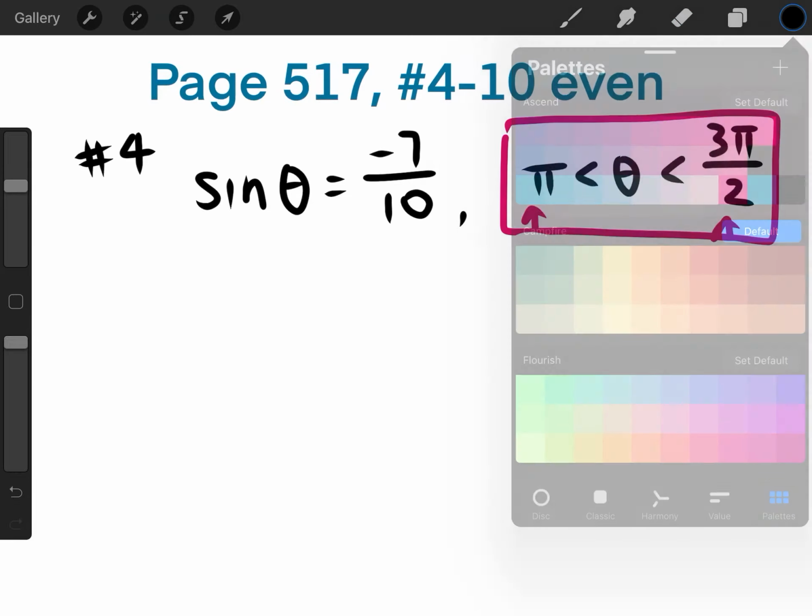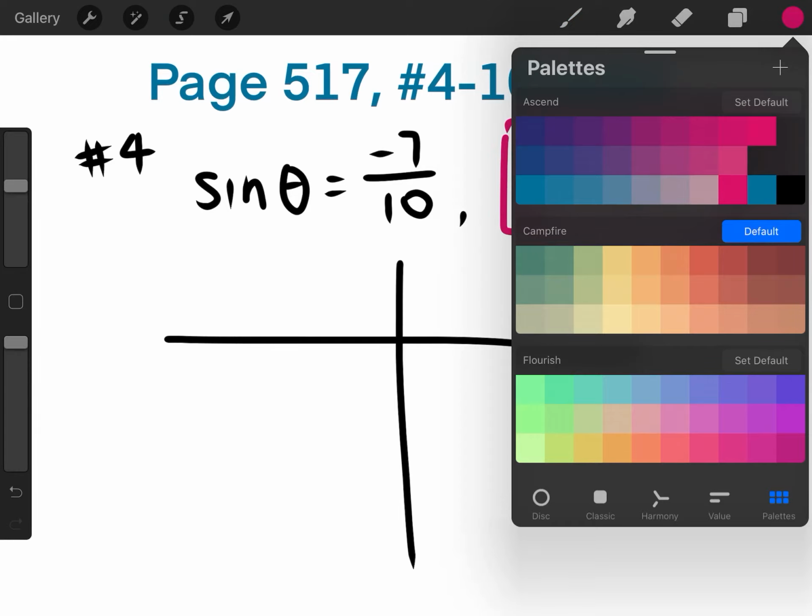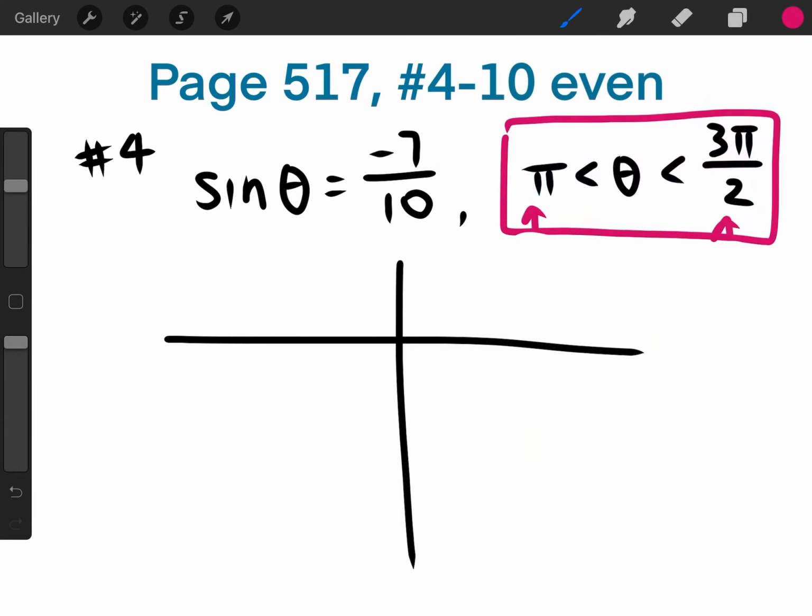With that being said, you want to draw the triangle. It doesn't really matter how you draw this one. The triangle is going to be in quadrant 3, and the angle theta is sine theta, right?